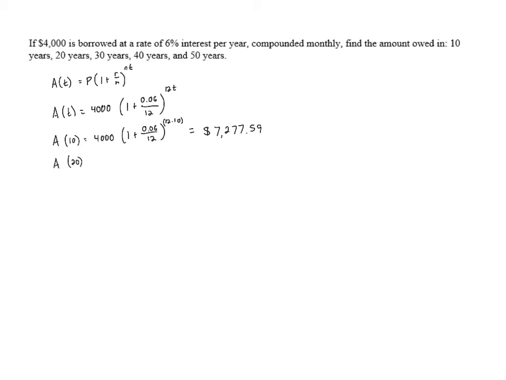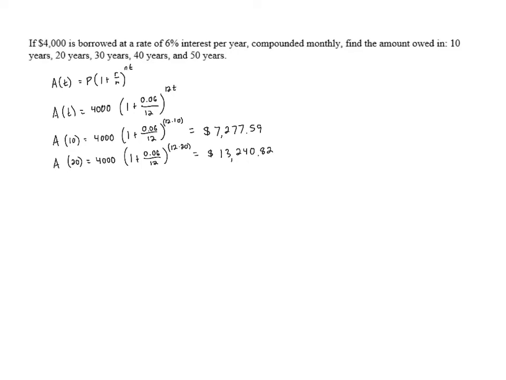Let's look at A(20). This is going to be 4,000 times (1 + 0.06/12) to the 12 times 20th power. And when we calculate this, we end up with $13,240.82.